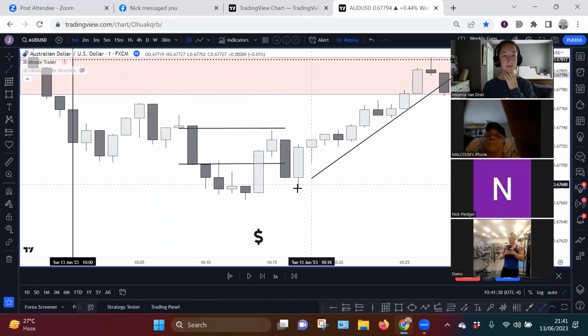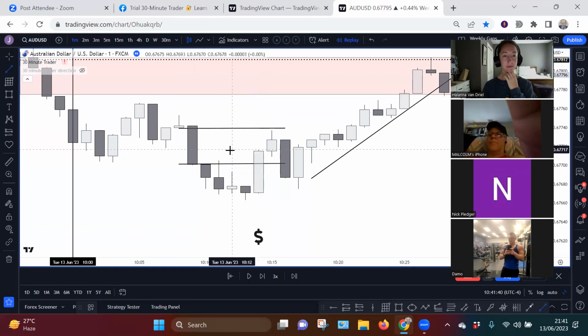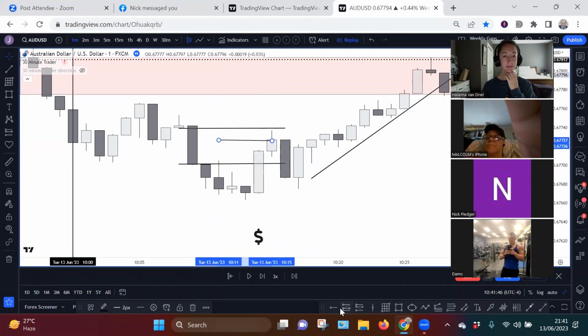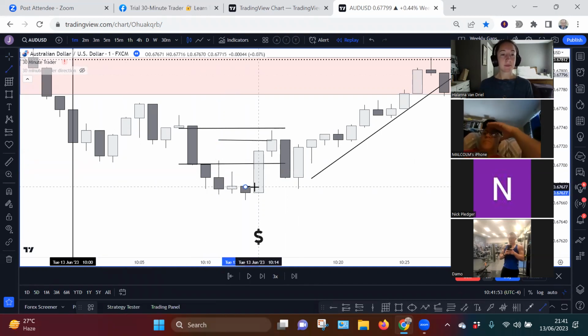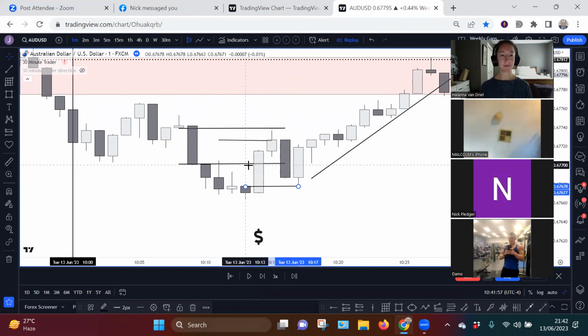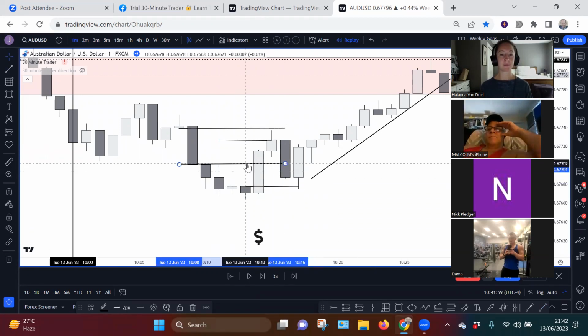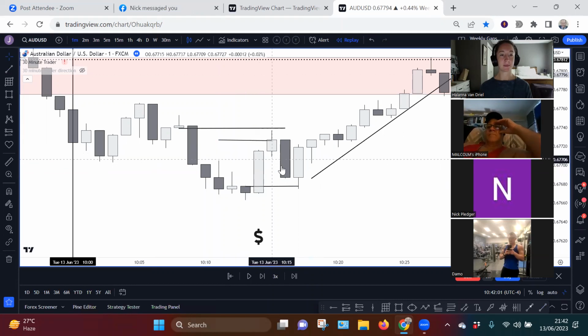Let's look at this. That whole candle, in fact, from there all the way down to there. On that candle, it's got to come down to, look at that there.